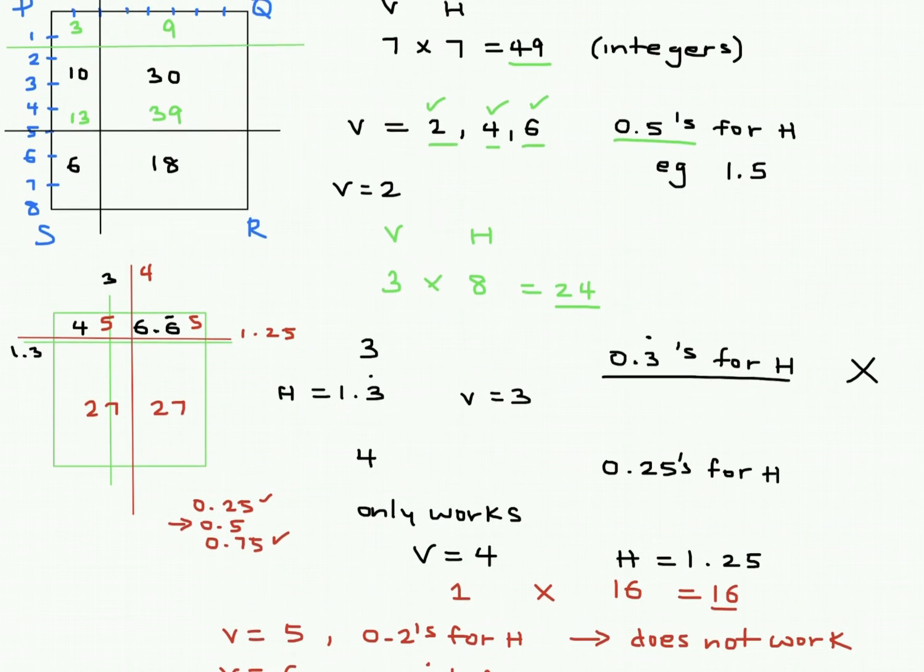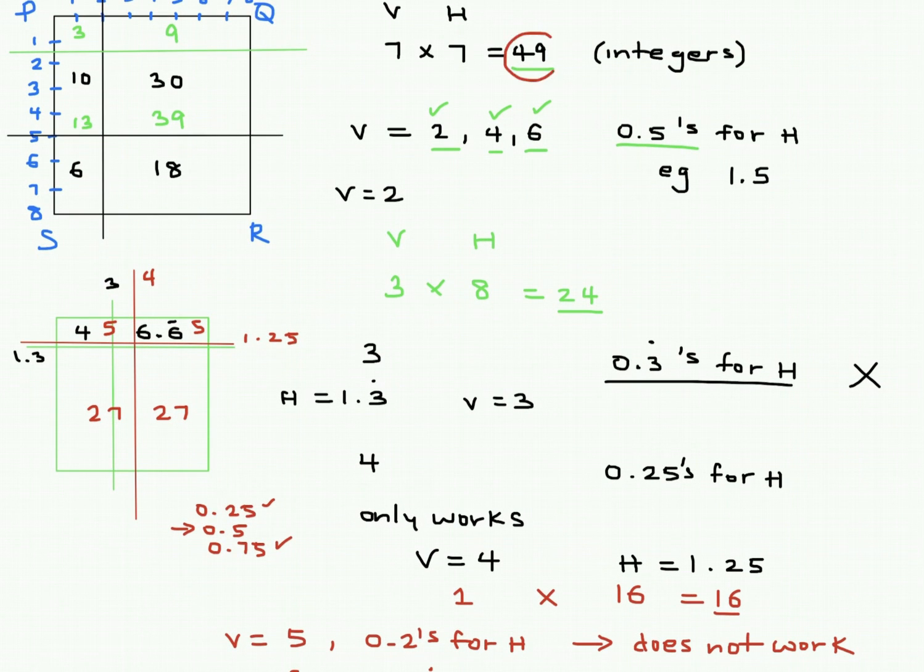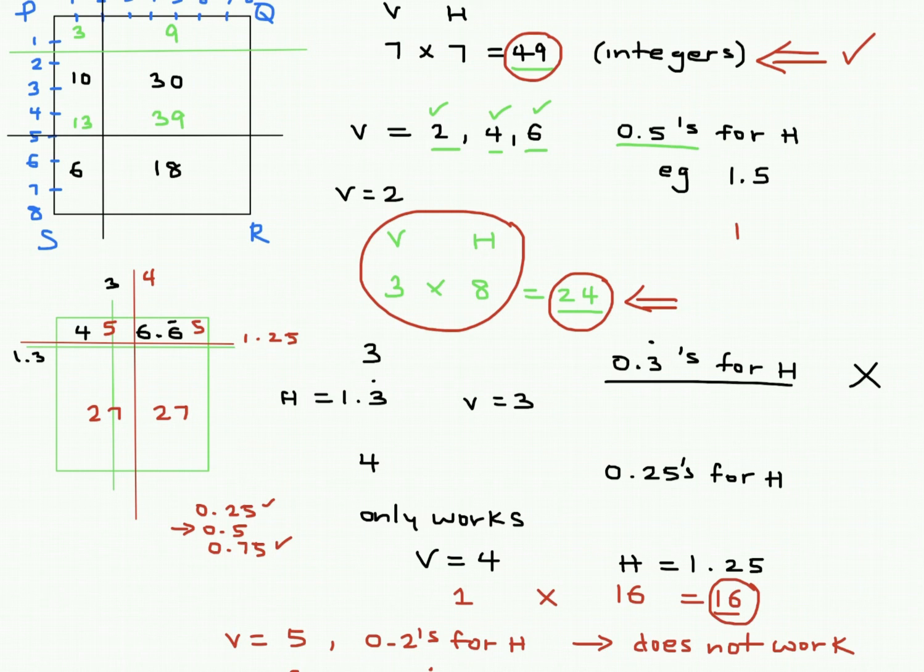So let's recap here. The only ones I got to work were these 49, these 24, and these 16. Correct? But here's the thing. These ones are perfectly fine the way they are. No problem. But these ones, we can double them because notice that scenario can also be flipped. We can also have h and v flipped.